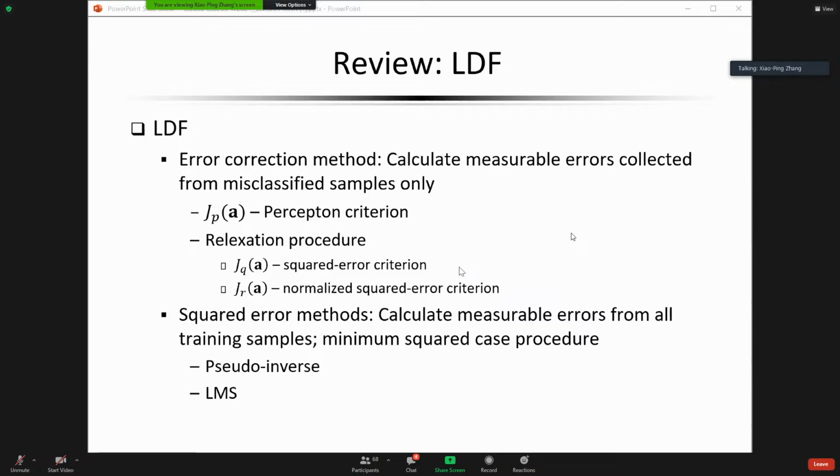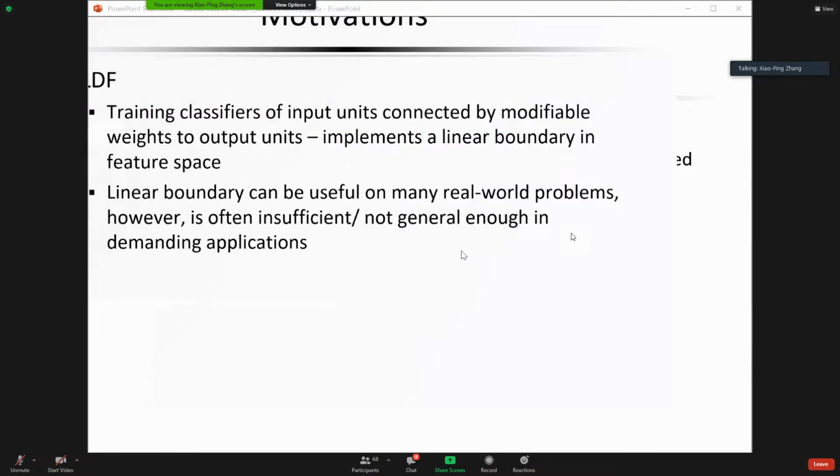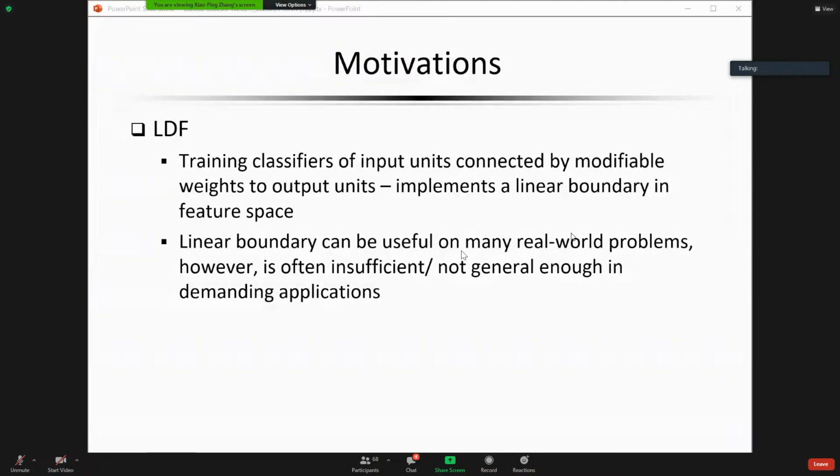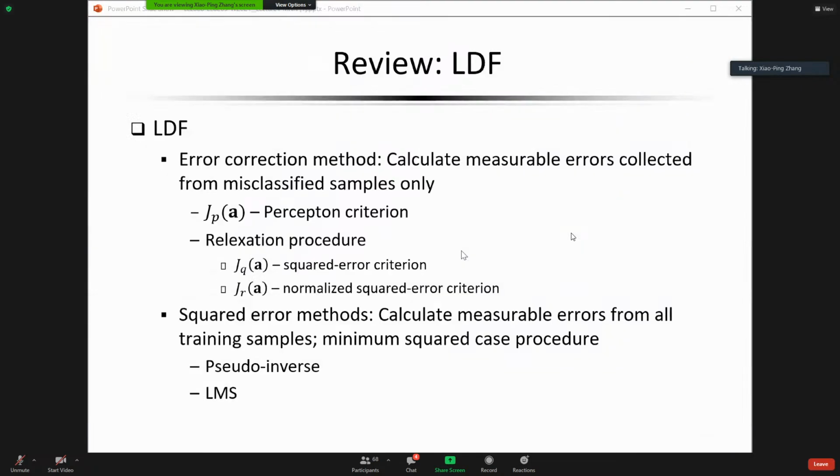But in most machine learning methods, like in neural networks in general, we don't have a closed form solution. Most likely, what we need to do is use an iterative learning method.